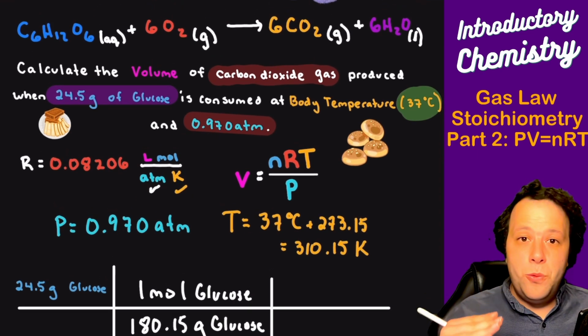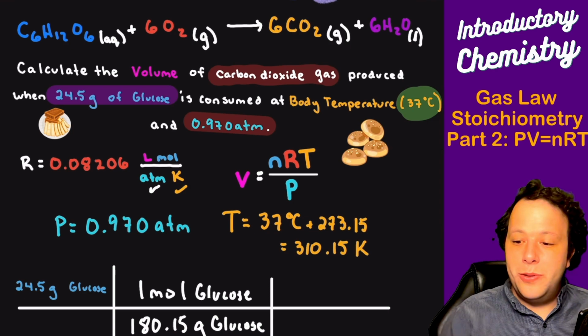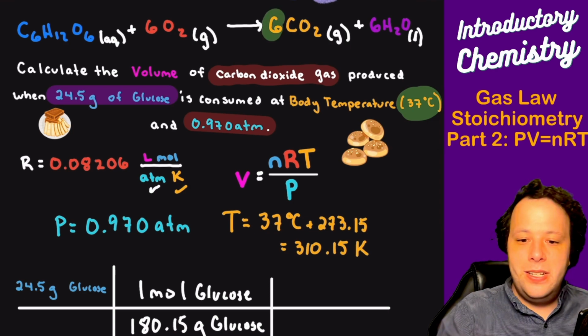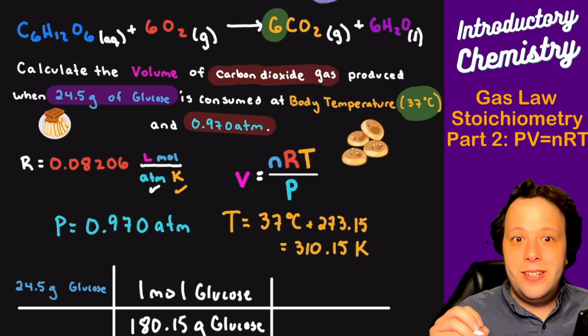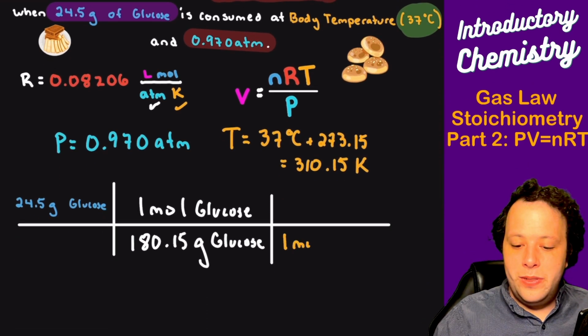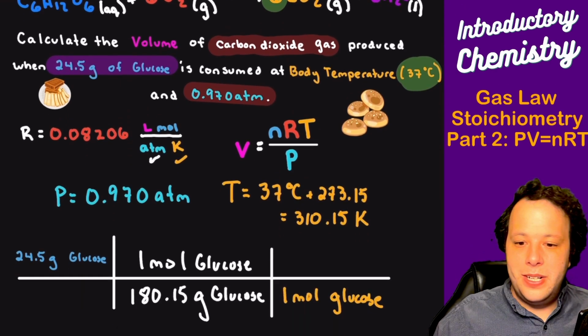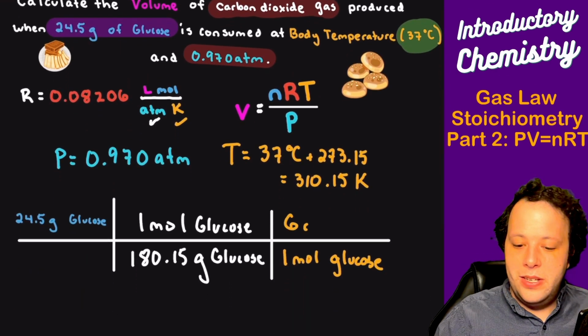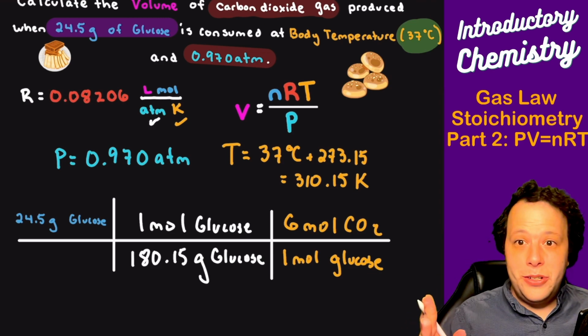For every 1 mole of glucose there are 6 moles of CO2, right? So 1:6 ratio. Let's write that down. 1 mole of glucose is equivalent to 6 moles CO2.